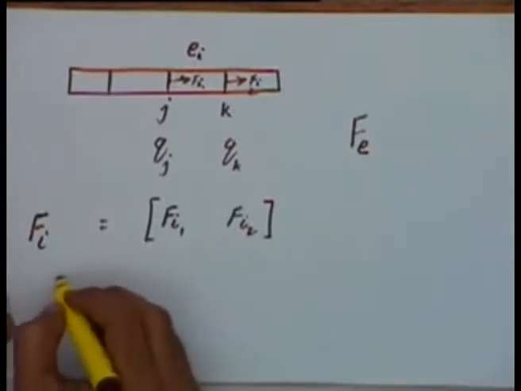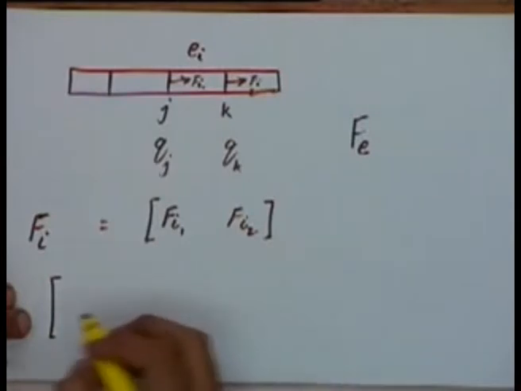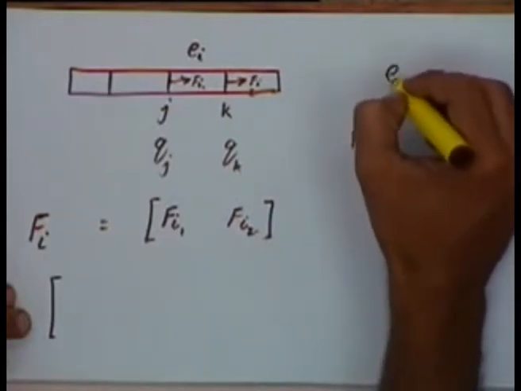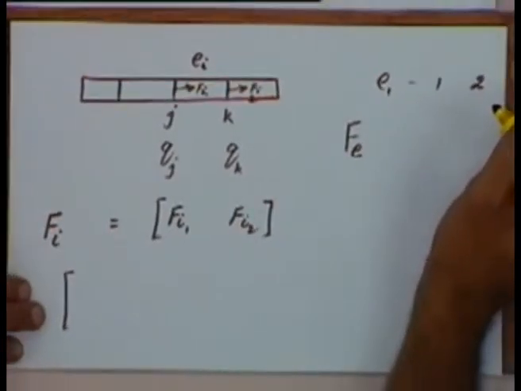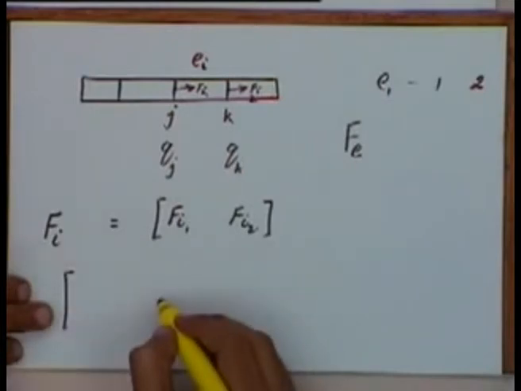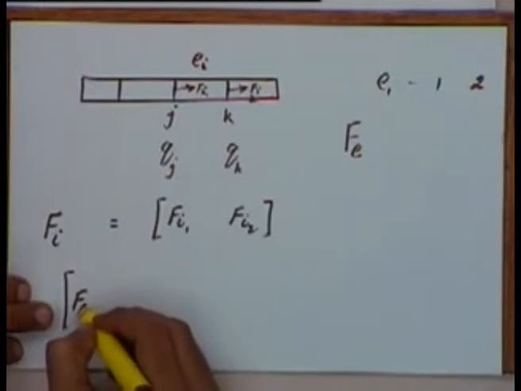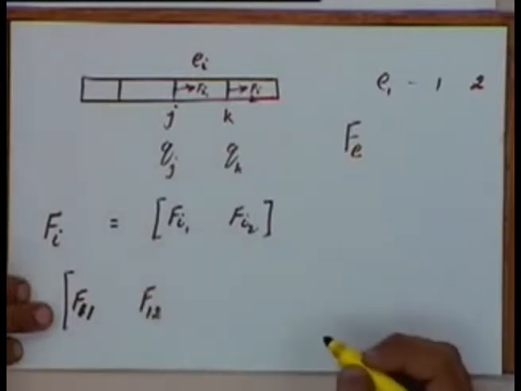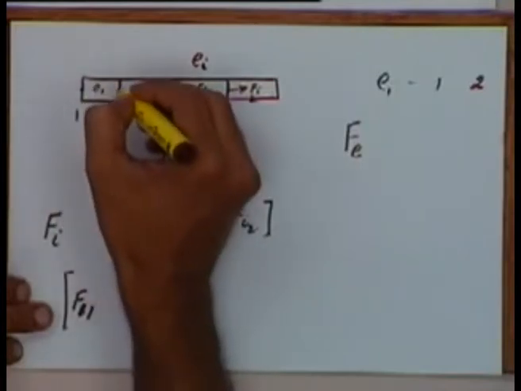So what we'll do is we'll define a global matrix in which, again, if I take my first element E1, that is, let's say, defined between nodes 1 and 2, I will take the corresponding force terms for the first element and place them in locations 1 and 2. So F11 and F12. This is my element number 1, this is my node 1 and this is my node 2.